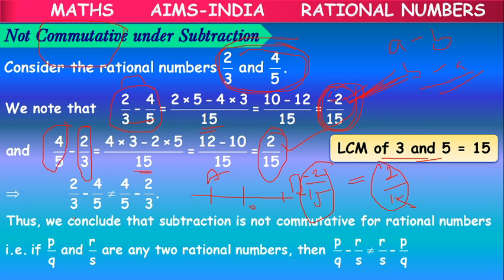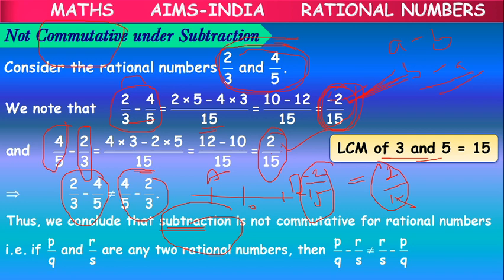So the first minus second rational number is not equal to the second rational number minus the first rational number. It means while doing subtraction, the order matters. According to the order in which we do subtraction, we will get the answer. We cannot subtract in any order. If we subtract in different orders, we will get different answers.